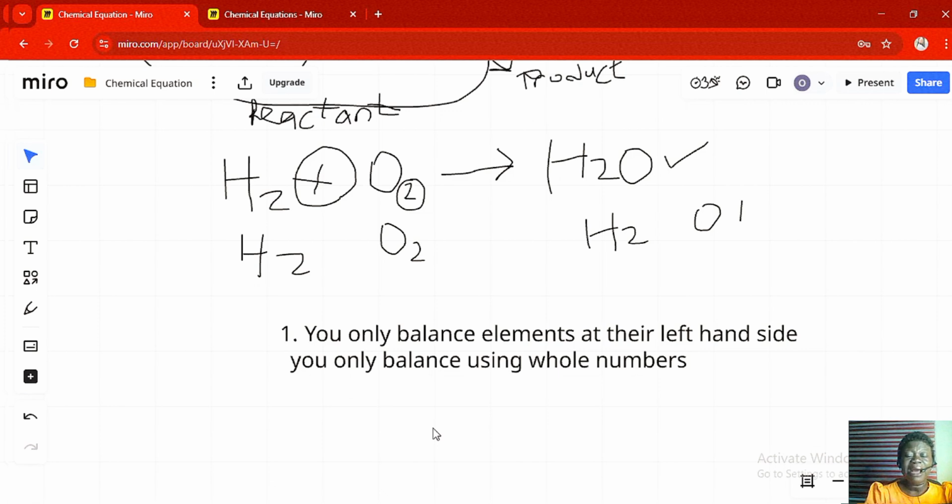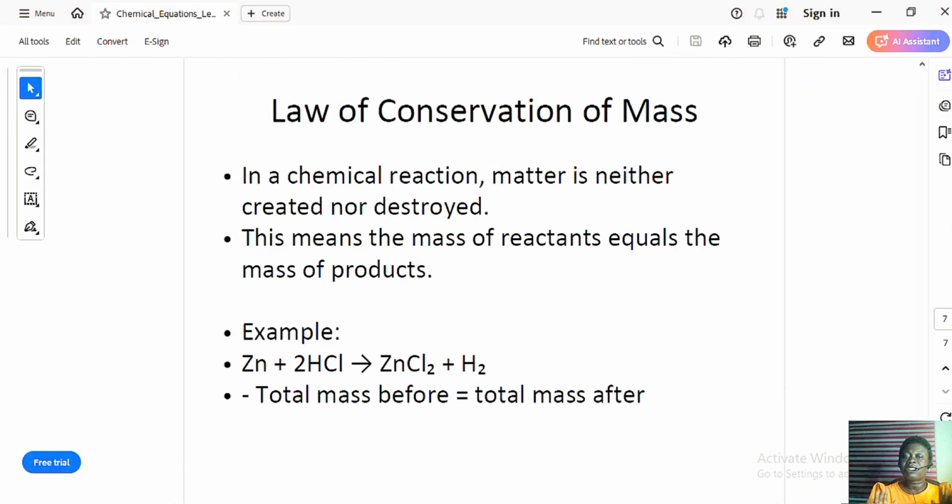Now, in balancing chemical equations, something worthy of note is the law of conservation of mass. The law of conservation of mass states that matter can neither be created nor destroyed.